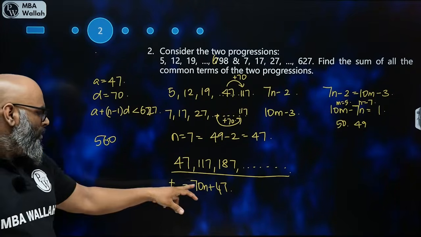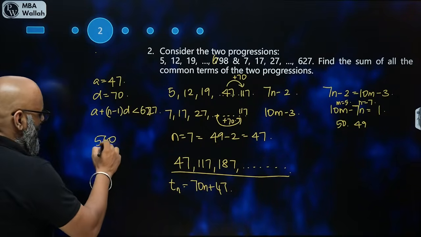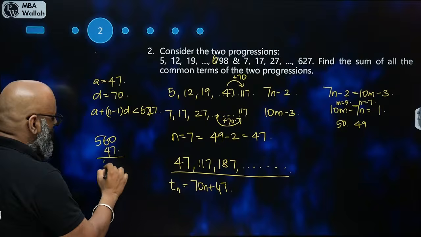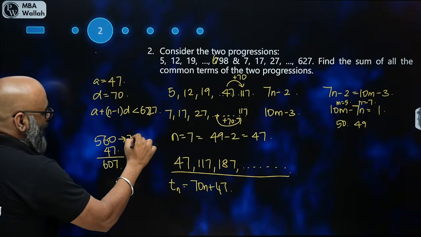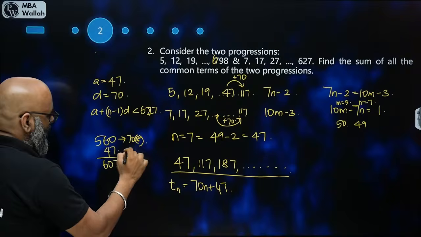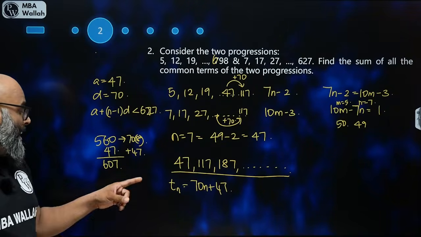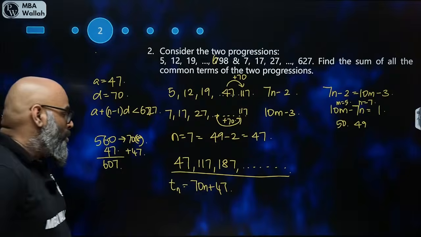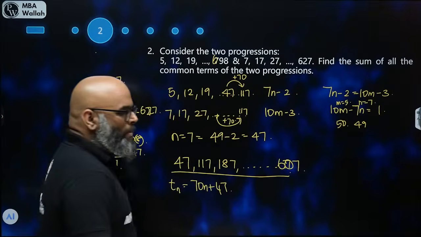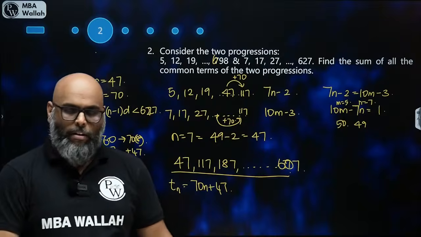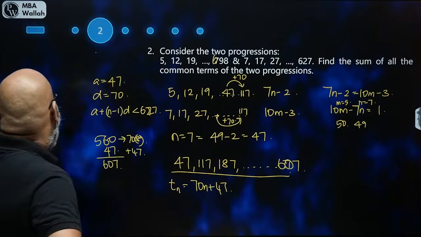I'm thinking which multiple of 70 and 47 will go. I add one more 47, I go to 607. This is 70 into 8 and then plus 47. So I notice that the last number that I can go to is 607. This has to be intuition, or this has to be form like. There's no other way you can do it.